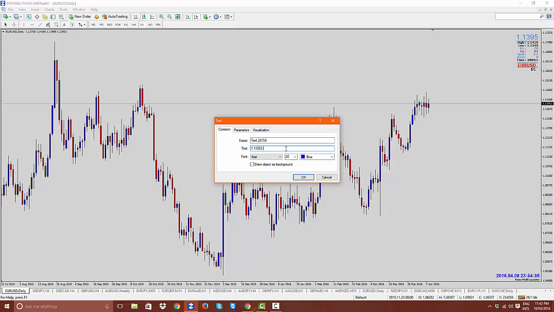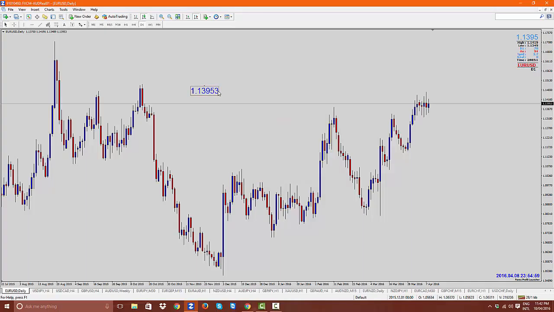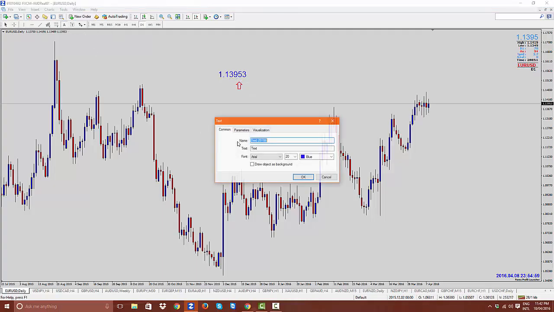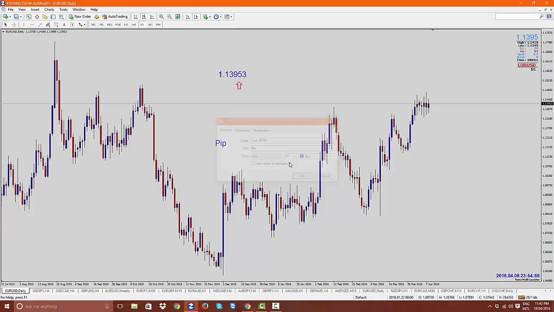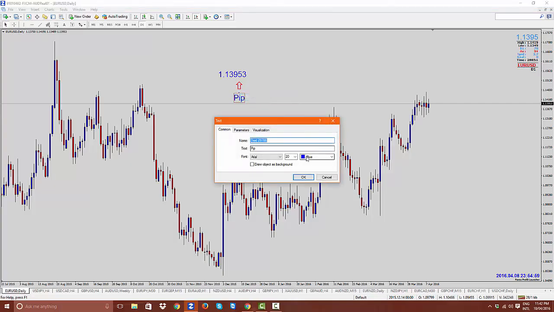Okay, now in this price, this second last digit, the digit 5, this is your pip. This is your pip value. Let me color it red as well.